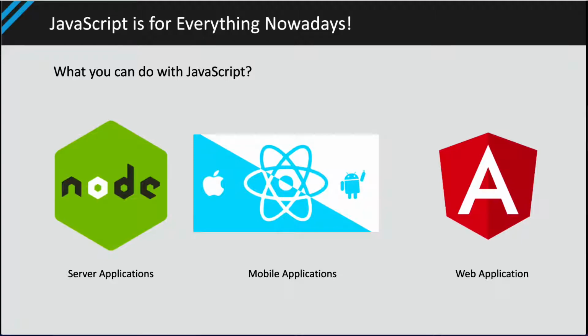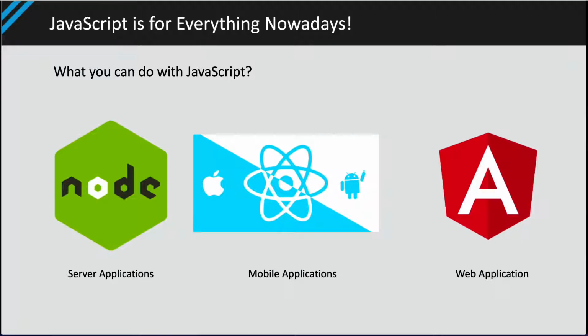Normally, we were using some other server languages like PHP or .NET or other programming languages which are really specialized for the server. But now with JavaScript, you can write JavaScript syntax and create a server application, which is great.